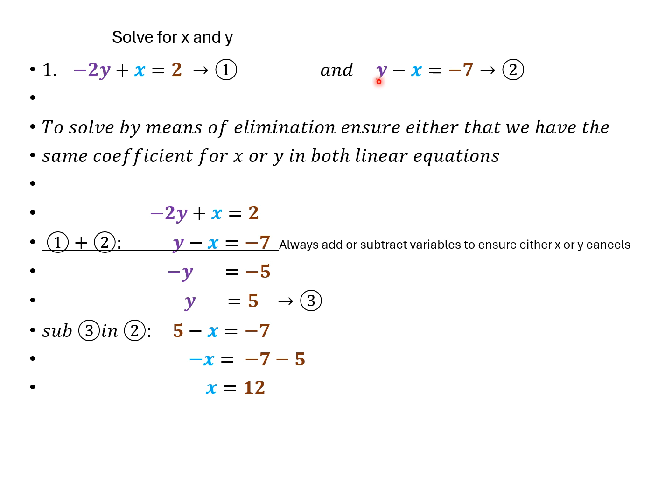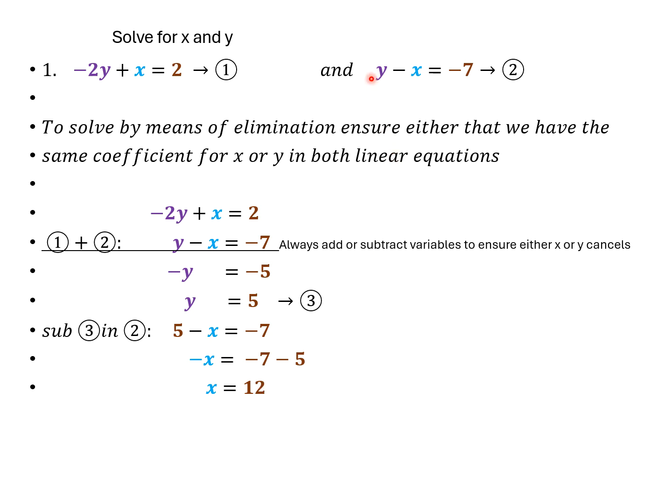So my y is now 5, 5 minus x equal minus 7. If I take 5 over, it gives me minus 7 minus 5, which is negative 12 equal negative x. And if I divide by negative, x equal 12. So my solution is y equal 5 and x equal 12.